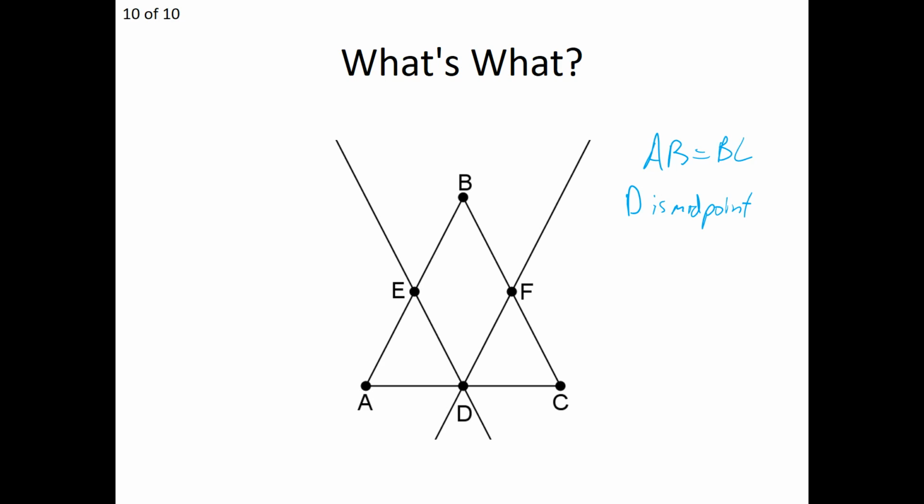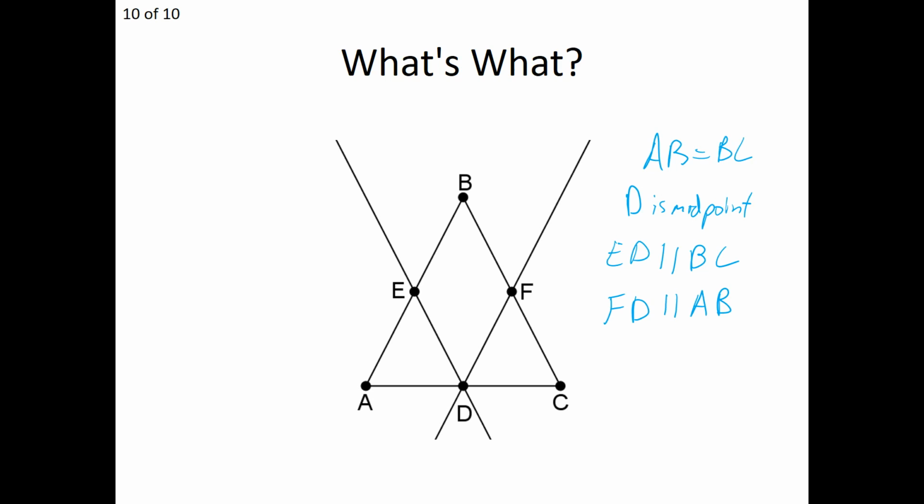What's happening is that our line ED is parallel to one of the legs of our isosceles triangle. It's parallel to BC. At the same time, FD is also parallel to the other leg, AB.